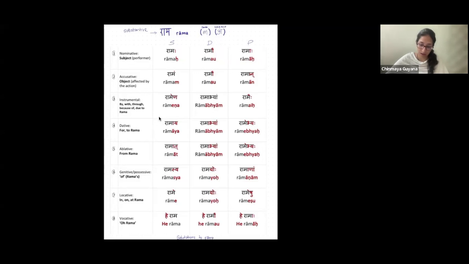Ramat, Ramabhyam, Ramebhyah. Ramasya, Ramayoho, Ramanam. Rame, Ramayoho, Rameshu. He Rama, He Ramau, He Ramaha.